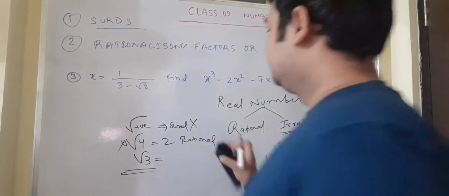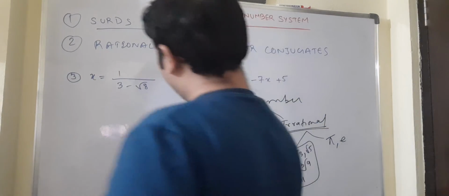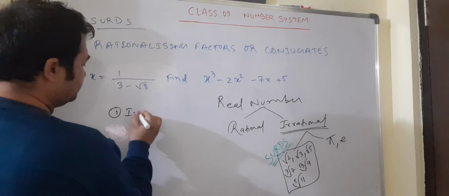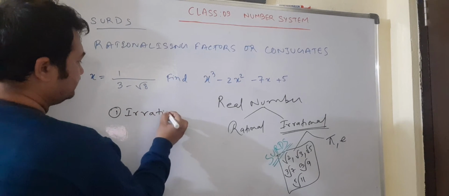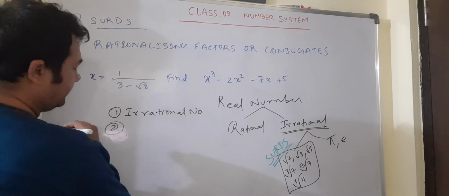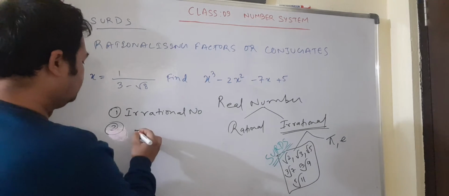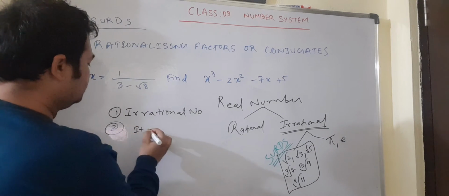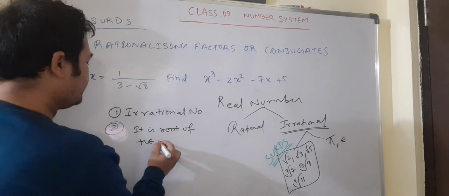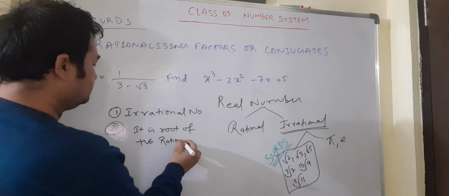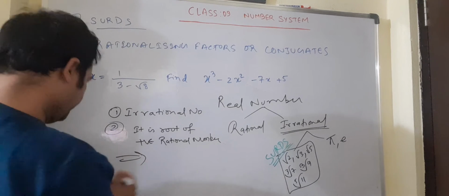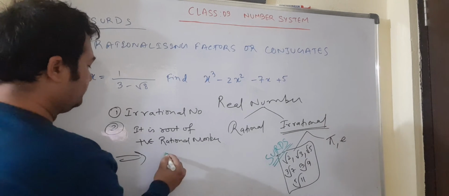Thus you see, if you have an irrational number that is a root of a positive rational number, then it is a surd.